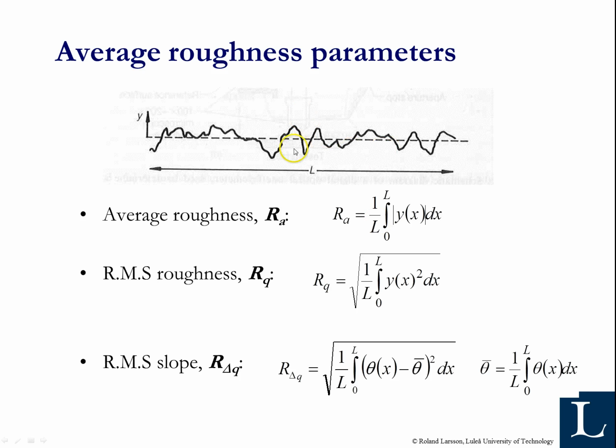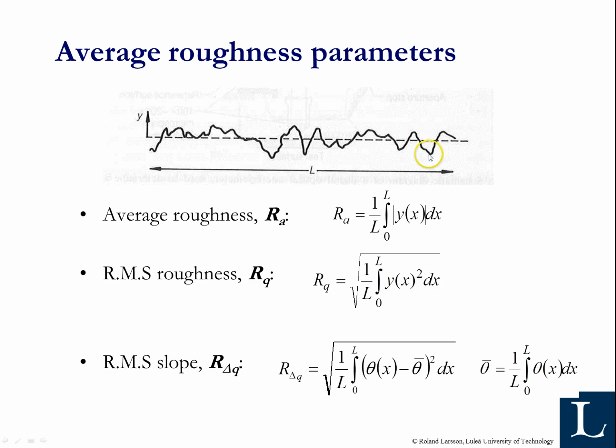You first of all find the center line average here. That's the line where you have as much solid above the line as you have valleys below the line. That's the center line average.